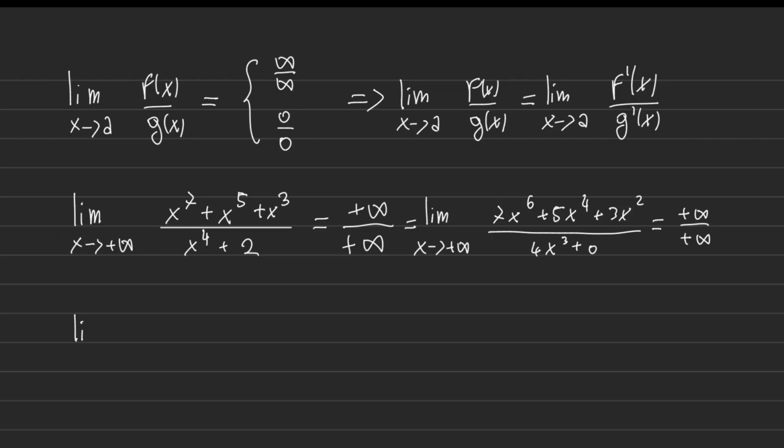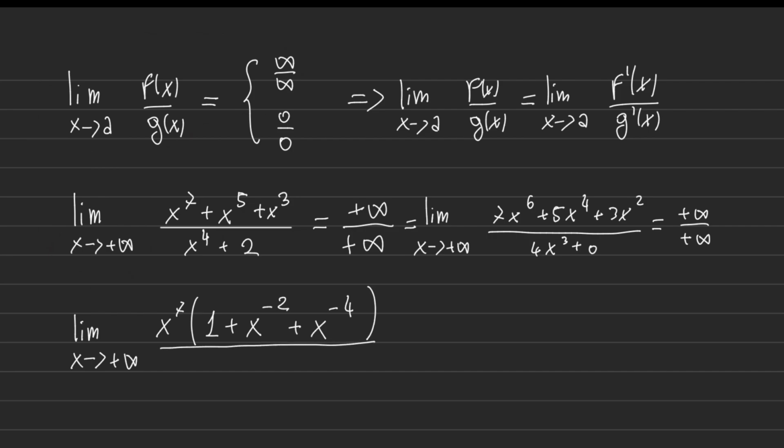So this one is just the limit as x goes to plus infinity of x to the power 7 times (1 plus x to the minus 2 plus x to the minus 4), divided by x to the power 4 times (1 plus 2 times x to the minus 4).